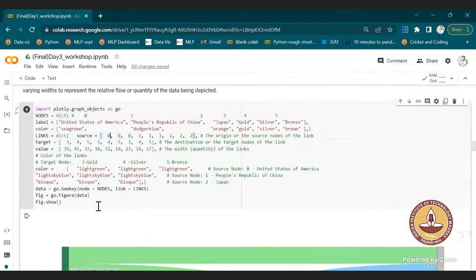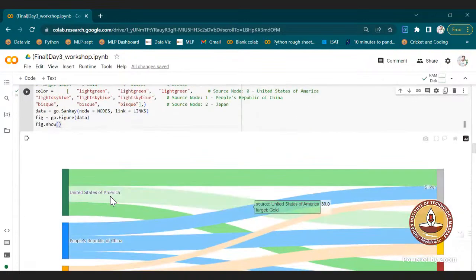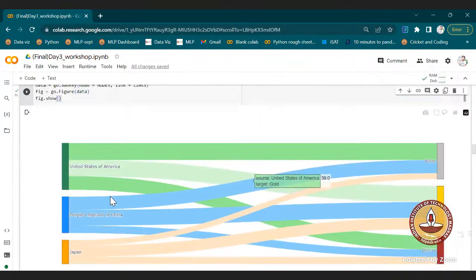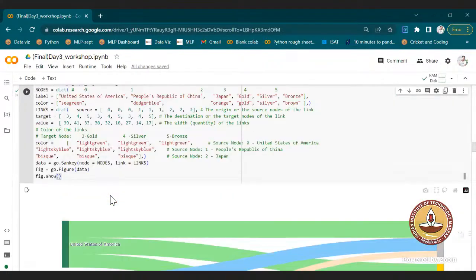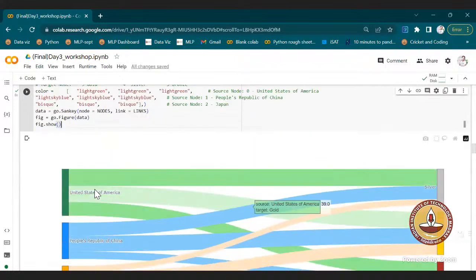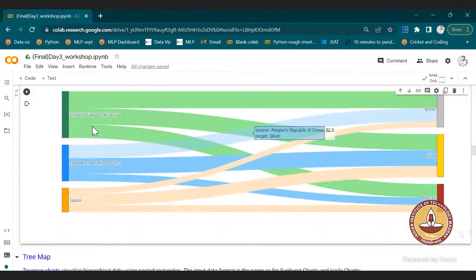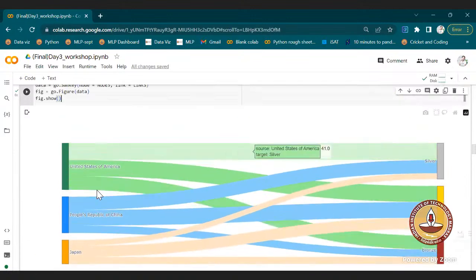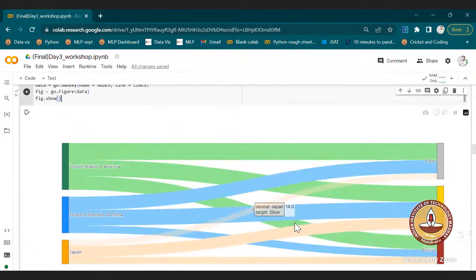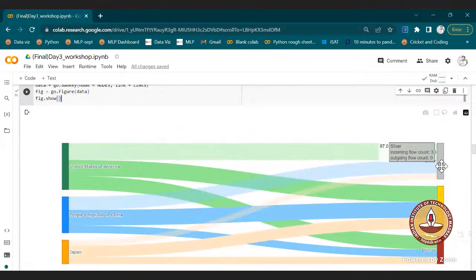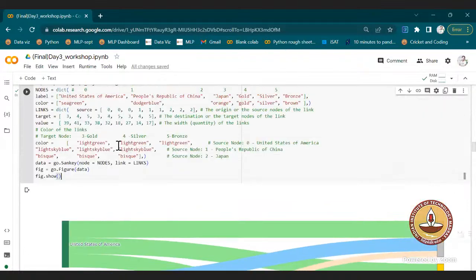This same chart can be made like a sunburst. Here you have three categories: in the first circle you can put the countries, in the second circle silver, gold, bronze, and the width will be the value.